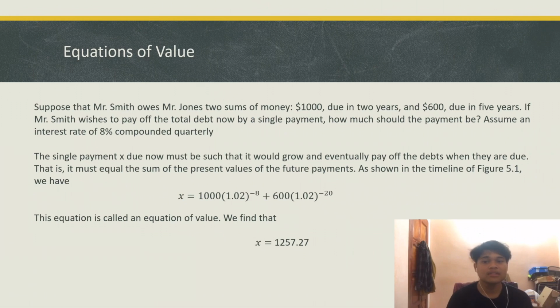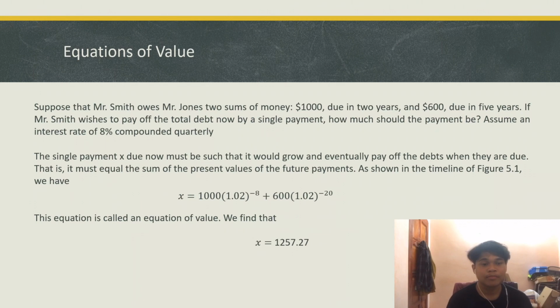Assume an interest rate of 5% compounded quarterly. So the single payment due now must be such that it would grow and eventually pay off the debts when they are due. That is, it must equal the sum of the present values of the future payments, as shown in the figure.